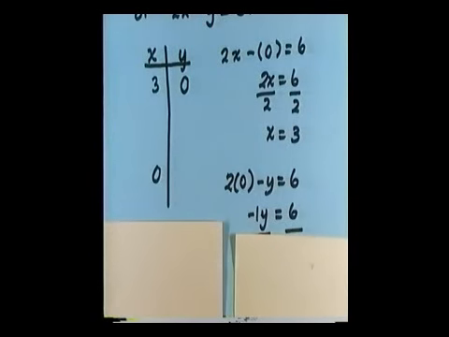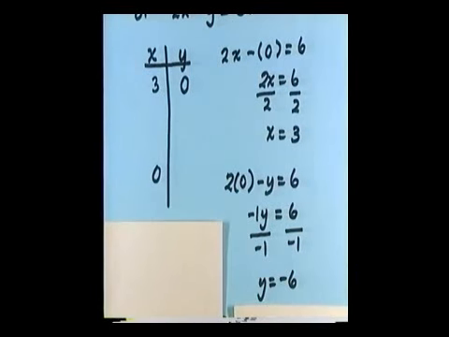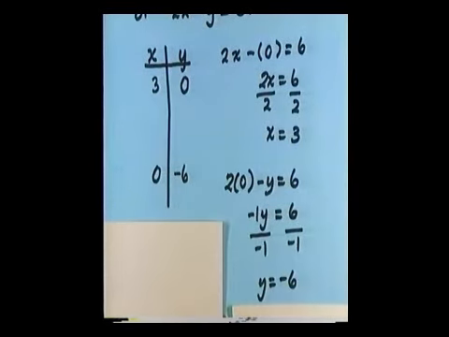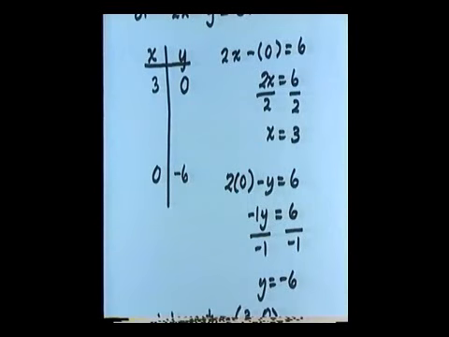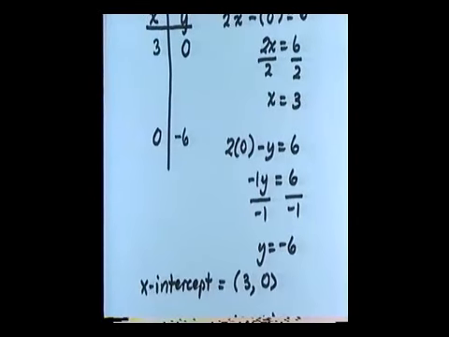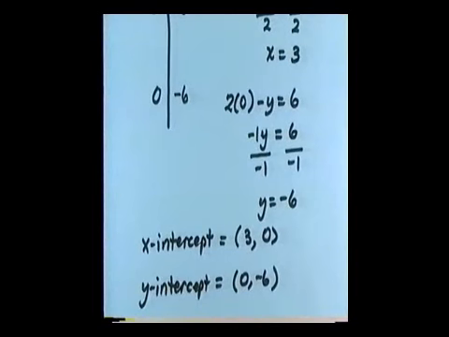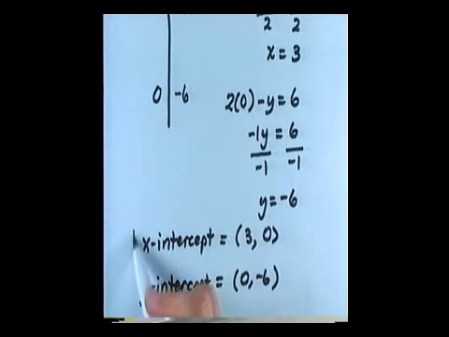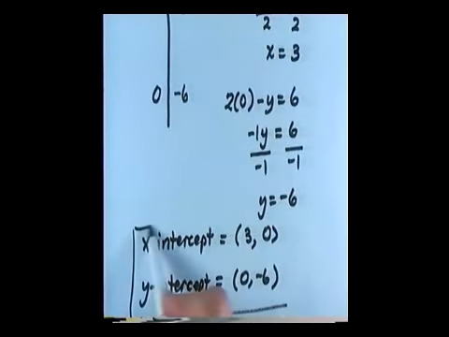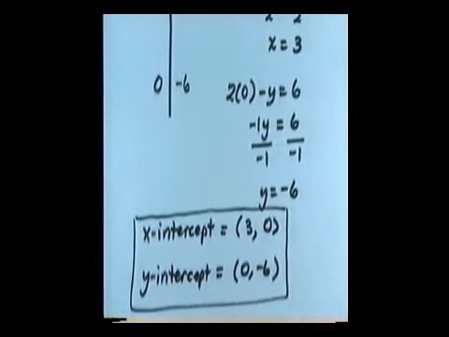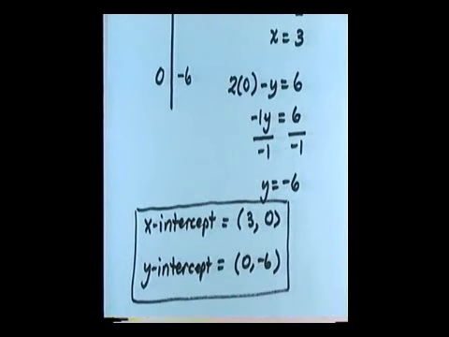So we divide both sides by negative 1 and get y equals negative 6. So the y value is negative 6. Well, this means then that the x-intercept is (3, 0), and the y-intercept is (0, -6).